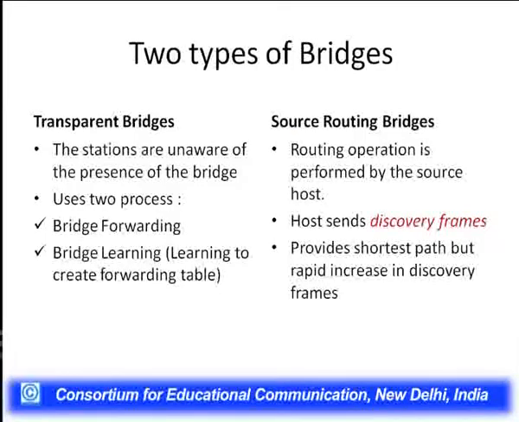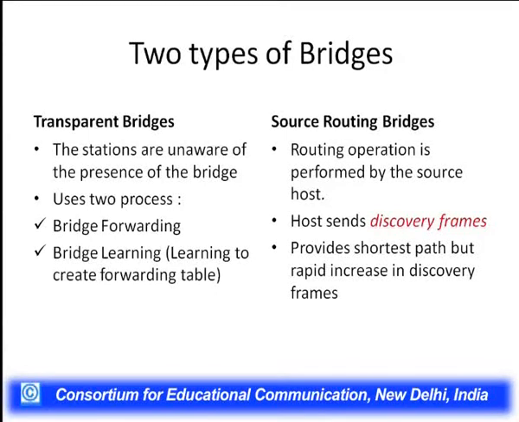The second type of bridge that we discuss is a source routing bridge. A source routing bridge is basically a bridge where the routing operation is performed by the source host. So the host sends discovery frames. It provides the shortest path, but a rapid increase in discovery frames happens.